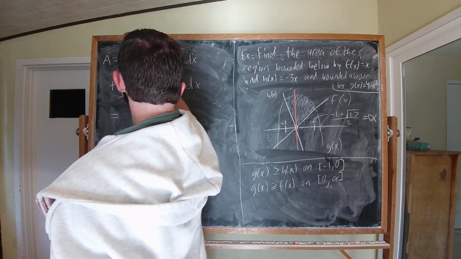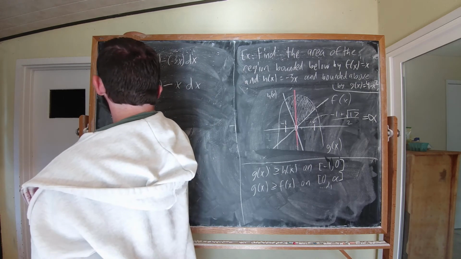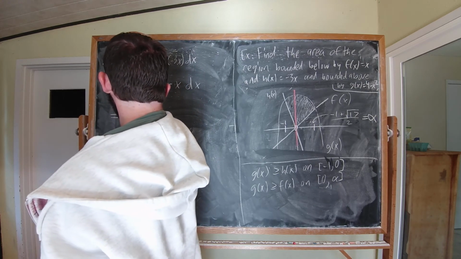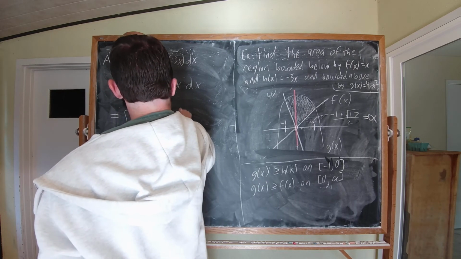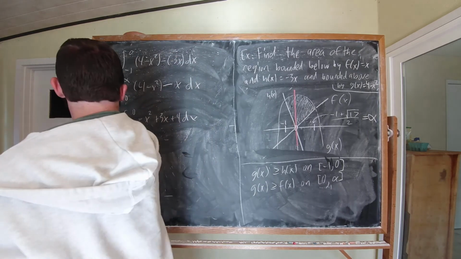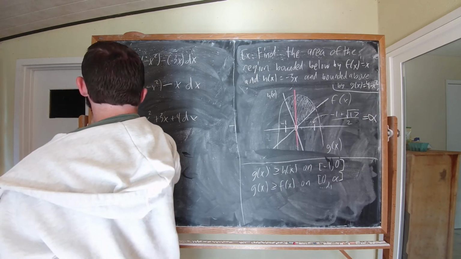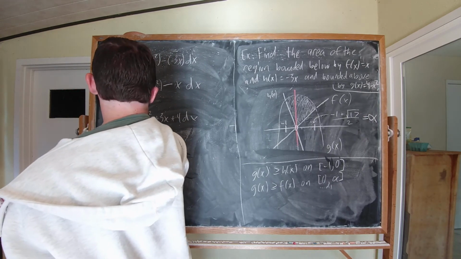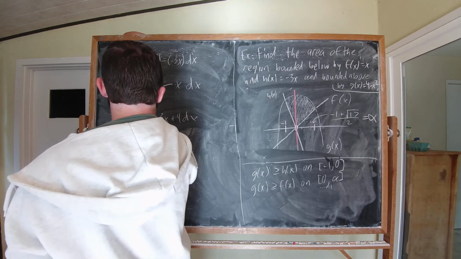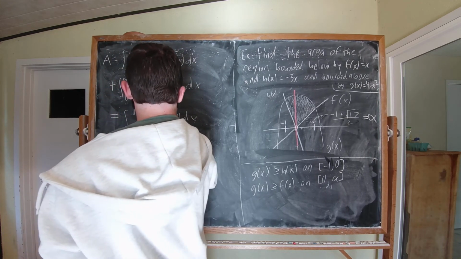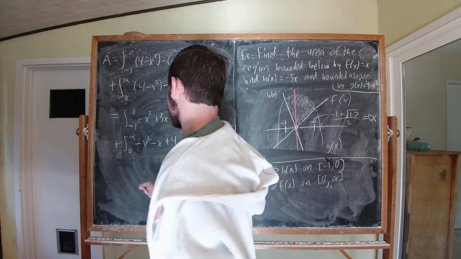So if you do this integration, you get the integral from -1 to 0 of -x squared plus 3x plus 4 dx plus the integral from 0 to alpha of -x squared minus x plus 4 dx.